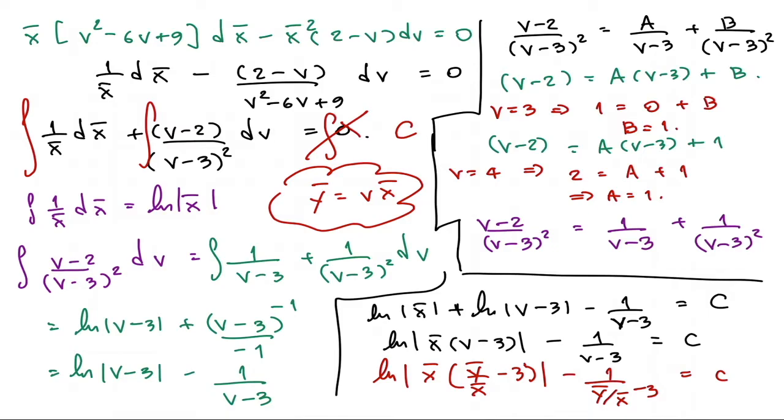Make sense? Because we did the substitution, y bar equals v x bar. So v is actually y bar divided by x bar. So we substitute it back here.